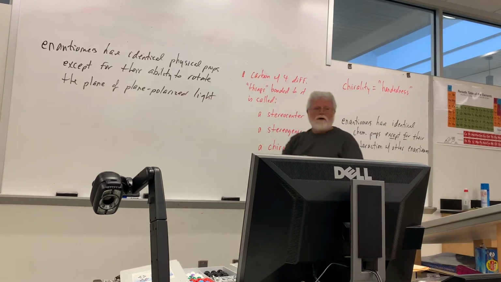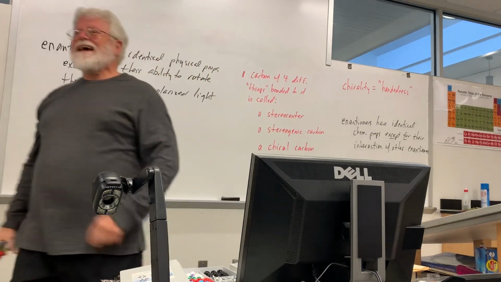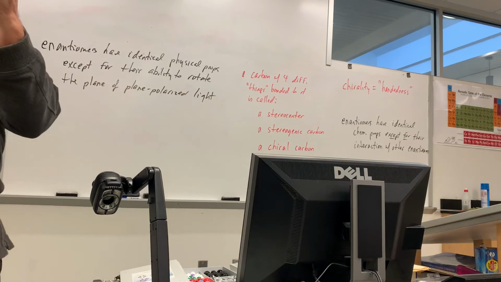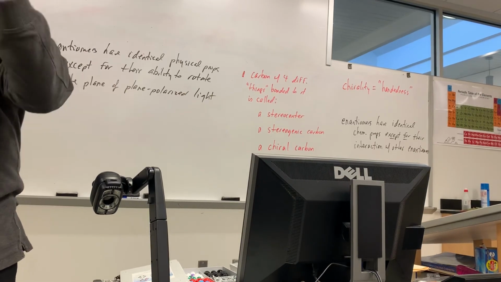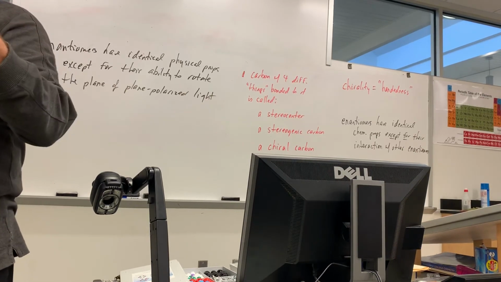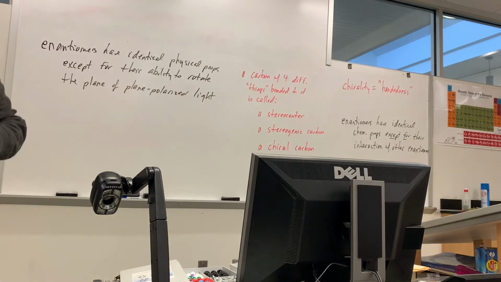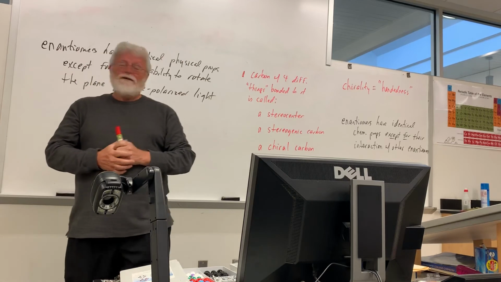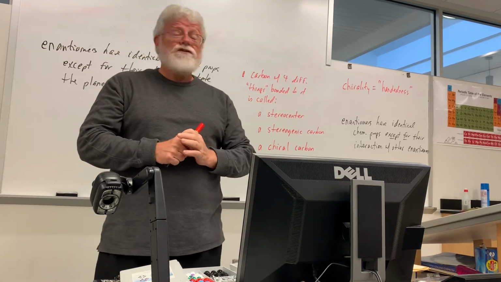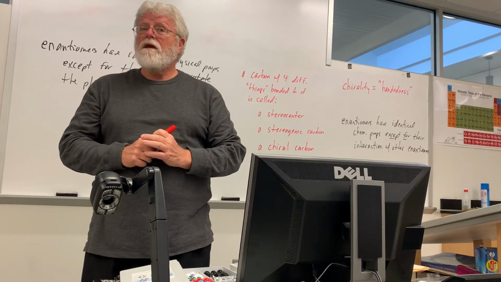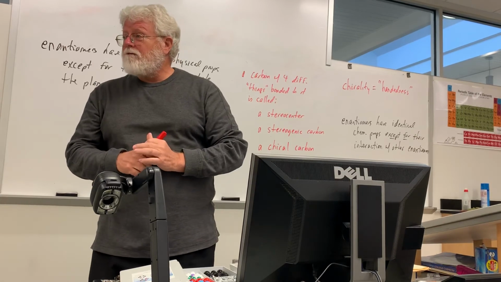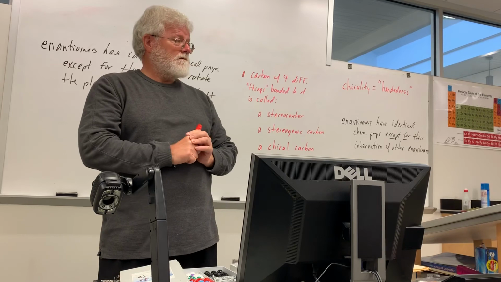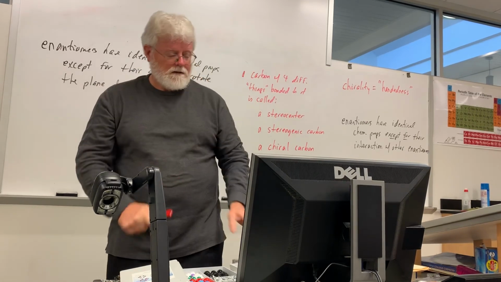Something is chiral if it is like a hand. In this sense, like a hand, in that it has no plane of symmetry and therefore has a mirror image that's different from itself. So anything that fits into that category can be said to be chiral. Hands are chiral, by definition. Gloves are chiral. Carbon-based molecules that have four different things bonded to a carbon are chiral.